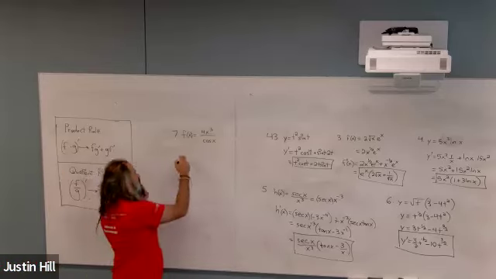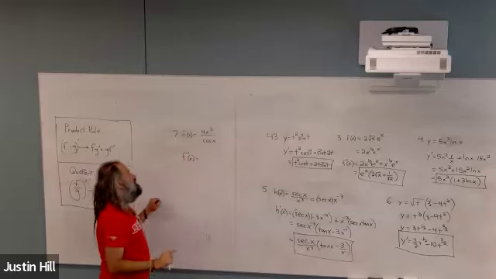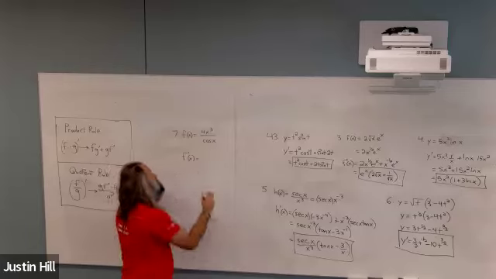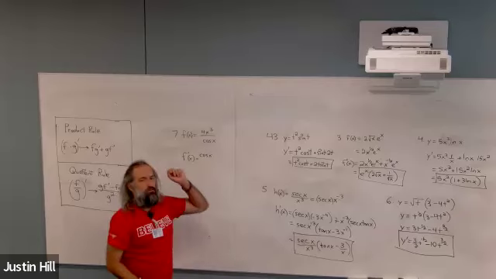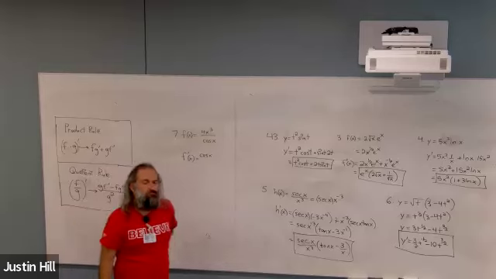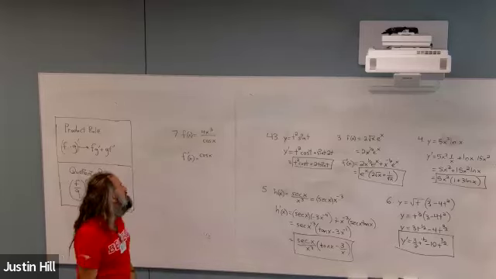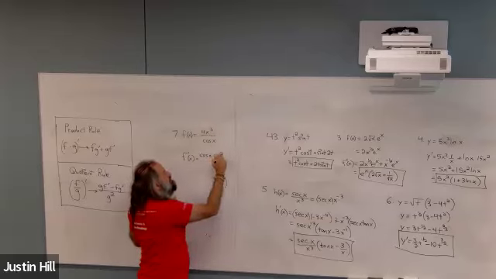So for instance here, if I want the derivative, then what the quotient rule says is I want to take the bottom and multiply it by the derivative of the top. What's the derivative of the top? The derivative of the top, 3 times 4 is 12, so that's going to be times 12x squared.